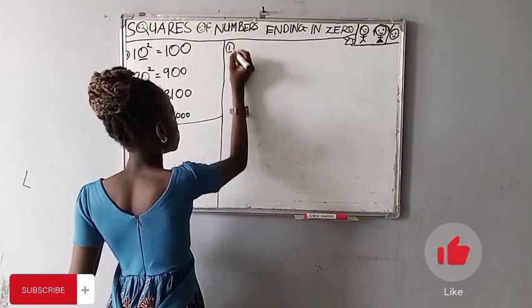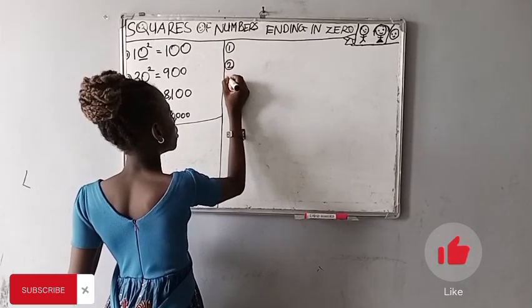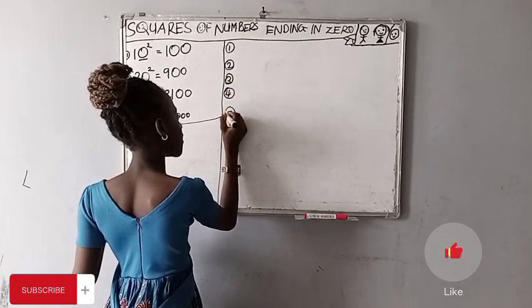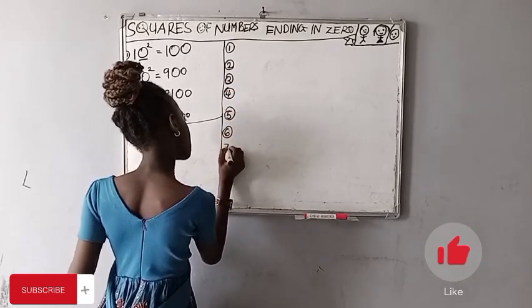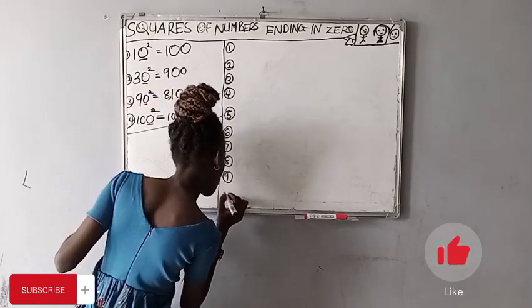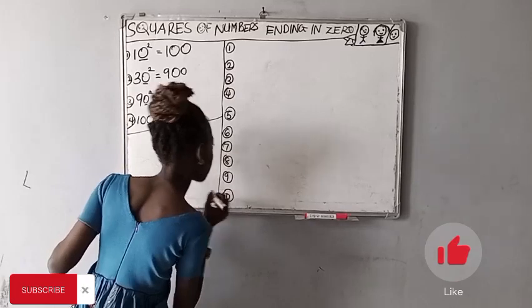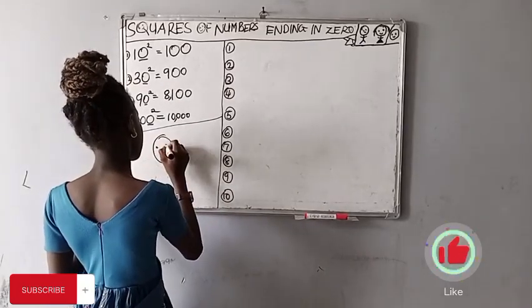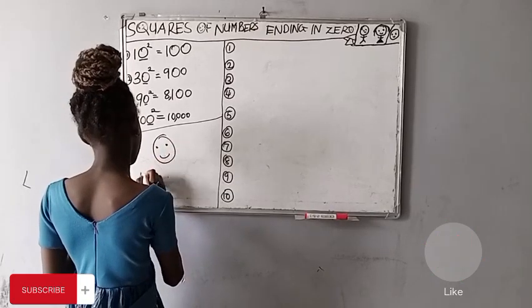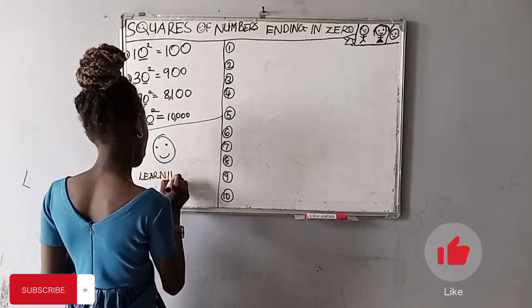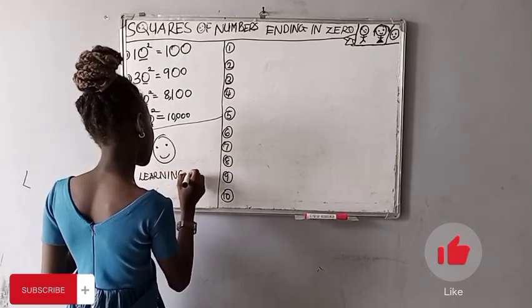Now, I'm going to give you a classwork to solve. Number 1, 2, 3, 4, 5, 6, 7, 8, 9, and 10. I'm going to write what you ought to solve, and then you solve it.